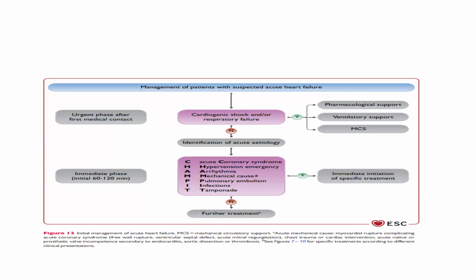The etiology of heart failure is summarized into CHAMPIT, where C stands for acute coronary syndrome, H stands for hypertensive emergency, A stands for arrhythmias, M stands for mechanical cause, P stands for pulmonary embolism, I stands for infection, and T stands for tamponade. If any of these conditions is there, then we need to correct the cause to correct our acute heart failure. And if it is not, then we need to proceed with the further treatment.